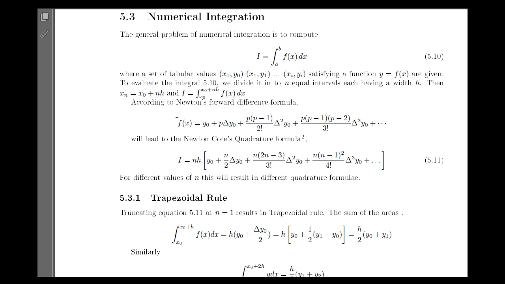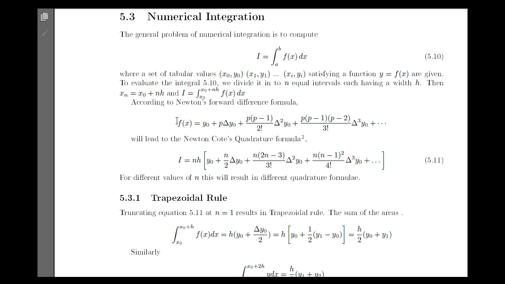So 3 factorial will come, and after that 4 factorial, and the difference order is also increasing. Δ³ refers to the third difference, and Δ²y0 refers to the second difference.